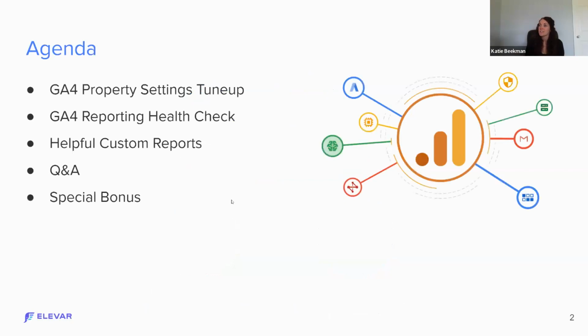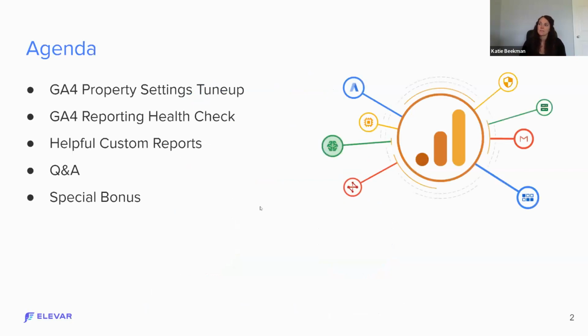So for the agenda, we're going to start off in the GA4 property settings. So you can go ahead and pull up your GA4 admin panel. Vishal is going to walk us through all of that. Then we're going to tag team going through a reporting health check. So diving into the data, making sure everything's looking good, looking for any red flags that might indicate a tracking issue.